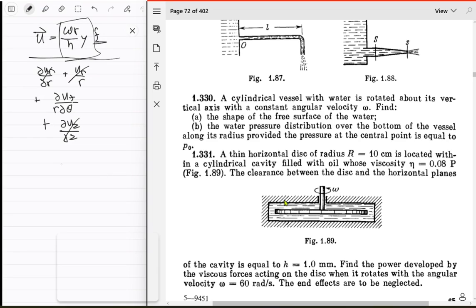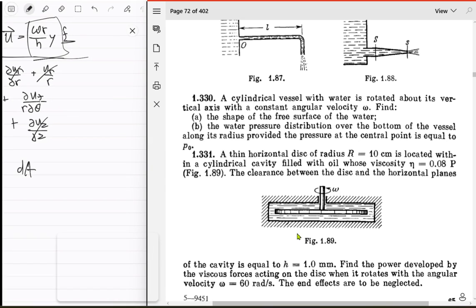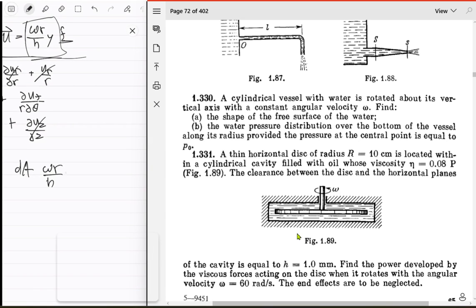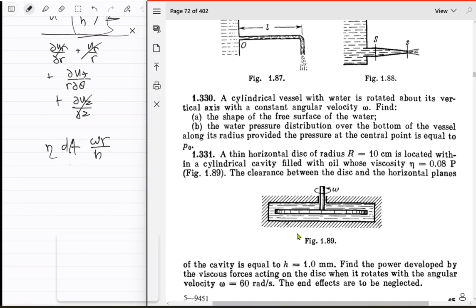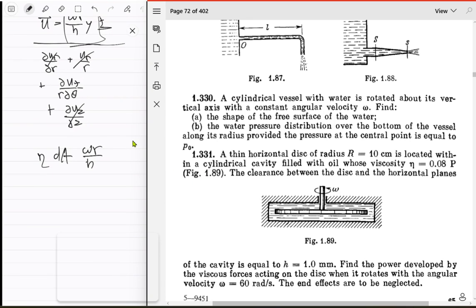So from a certain area dA on this disk, the force will be what? dA times omega r upon h times the viscosity. That's our gradient times the viscosity times the area. Yeah, that's the thing. So that will be the force. Now we don't want the force, we want the torque. So this times r, right? Because this is in the tangential direction, so it should be this times r. That's going to give us the thing.